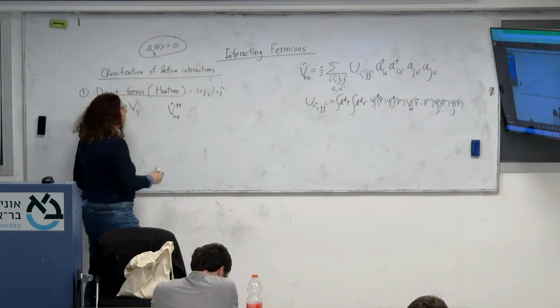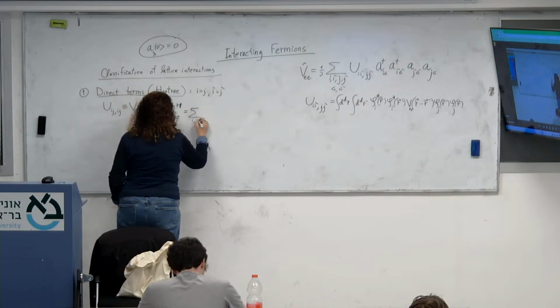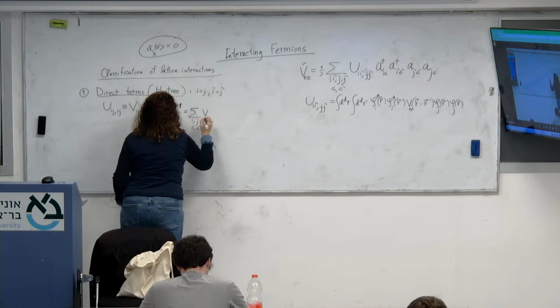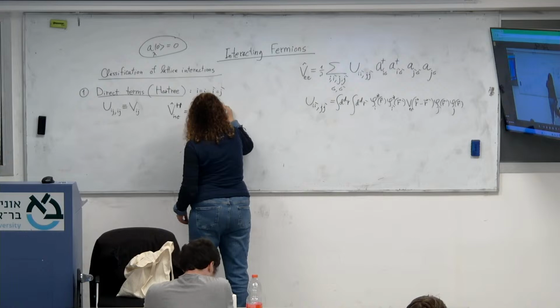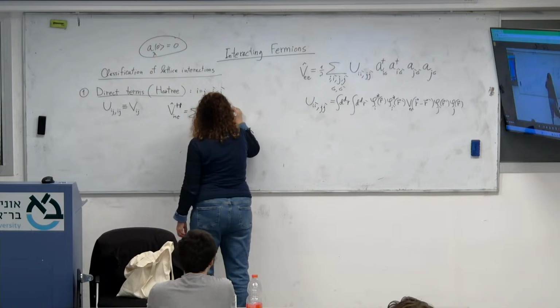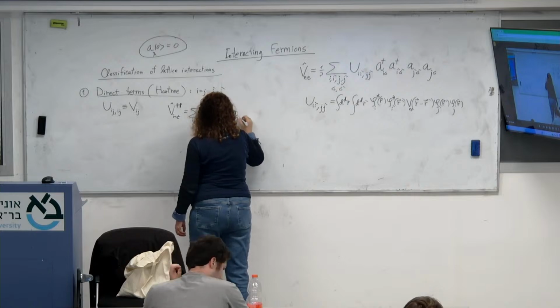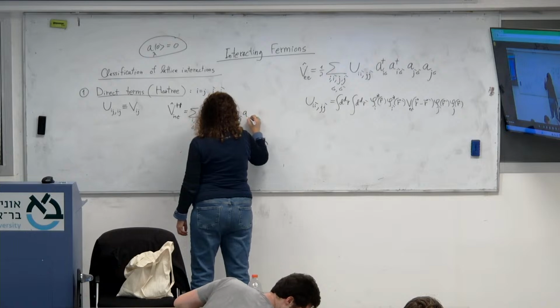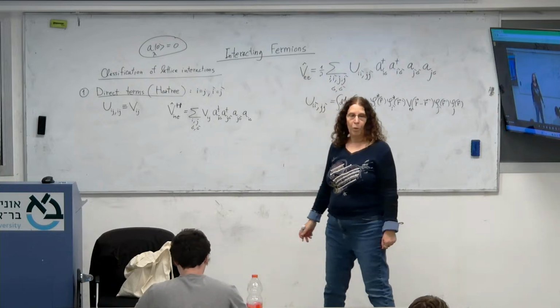Okay, so I'm just accounting for all the contributions over i, j and sigma, sigma prime, V_ij, and then let me write down what we have here: a_i sigma dagger, a_j sigma prime dagger, a_j sigma prime, a_i sigma. Okay? This is what it is.